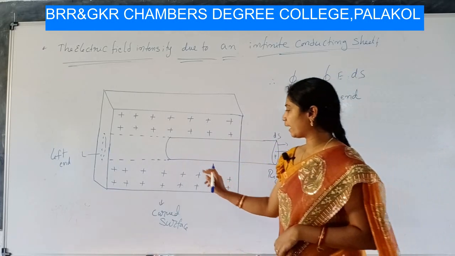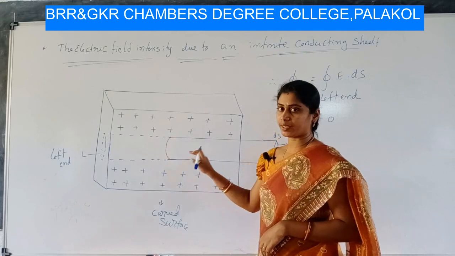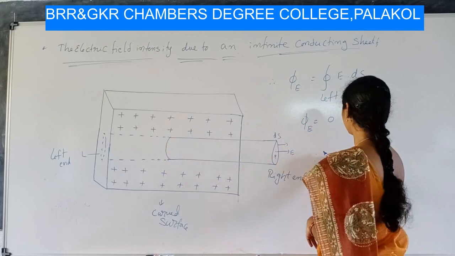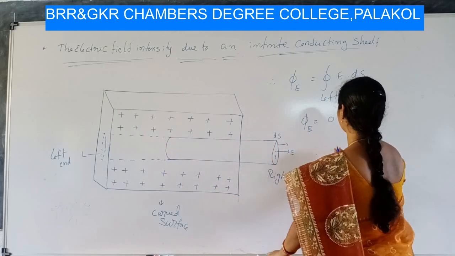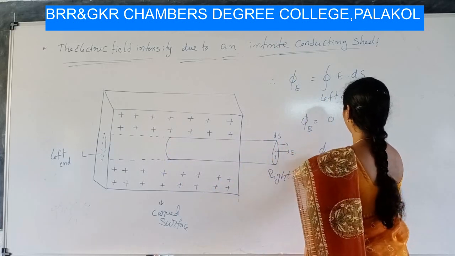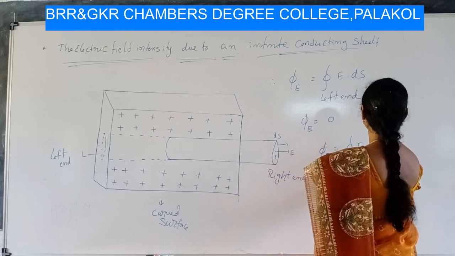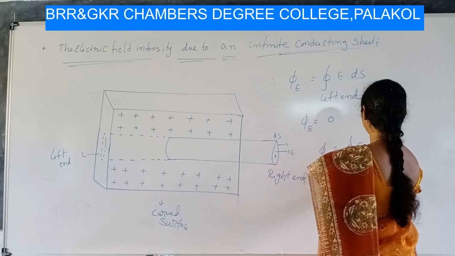Okay, now we calculate the electric flux at the curved surface. For the curved surface, phi is equal to the closed integral of E dot ds over the curved surface.